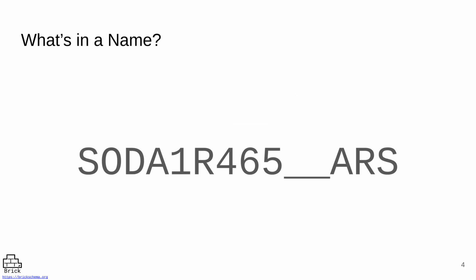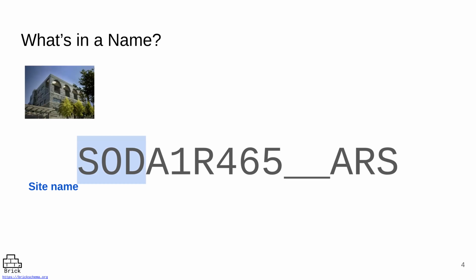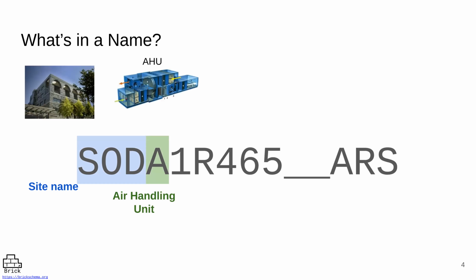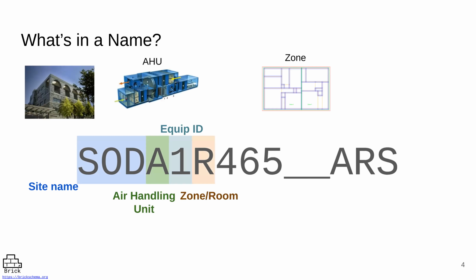And just to look at an example, here's my favorite point label example from a building on the UC Berkeley campus. The building's name is SODA, which you would actually think that SOD at the beginning is the name of the building, but actually only the first three letters are the name of the building. Then the A means that there's an air handling unit, it's got an ID, there's a zone or a room, there's an implied VAV box that's not anywhere inside that point label.